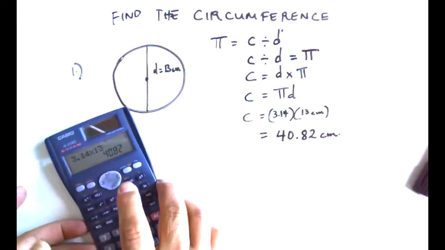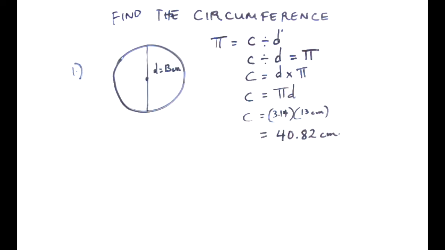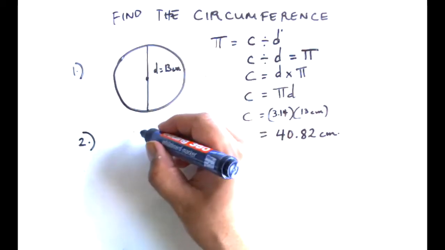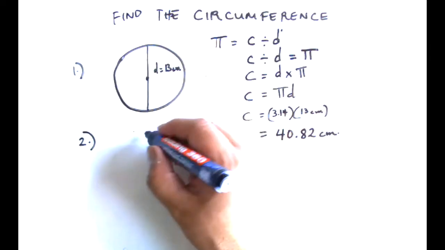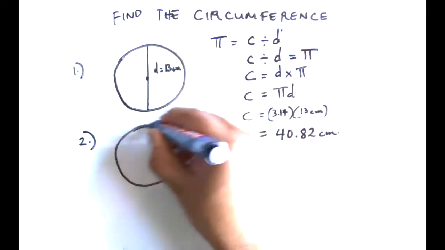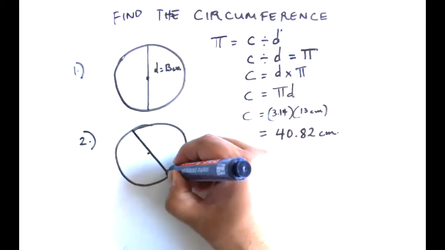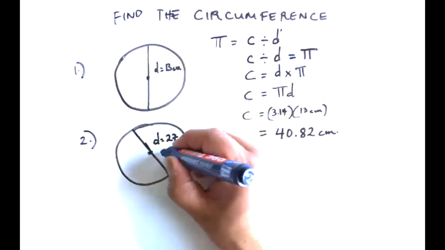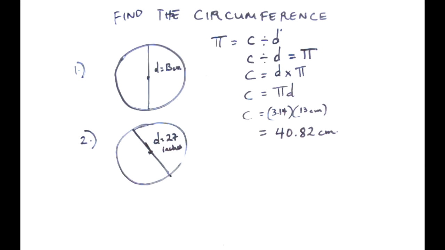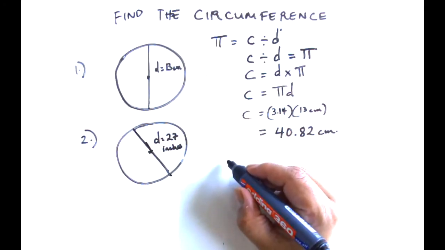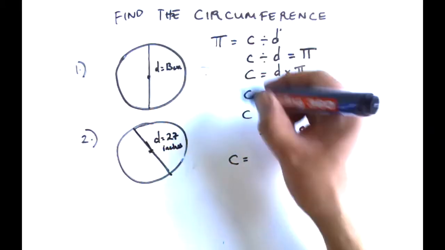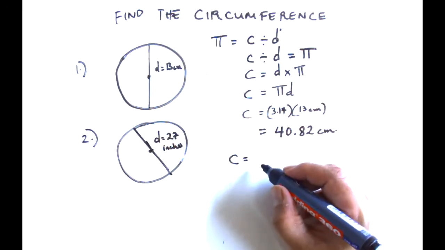Now, what was the second question? Similar. So you got a circle. This is measured differently. You got a circle that has a diameter of 27 inches. It's quite straightforward. It's the same thing. You write the formula for the circumference based on our observations and our lesson yesterday.